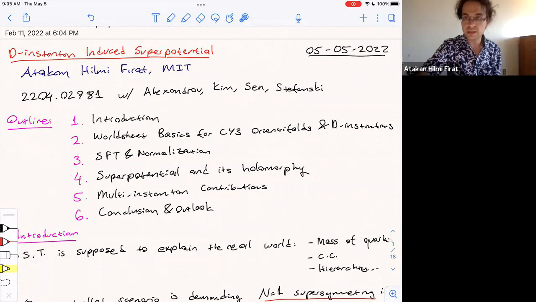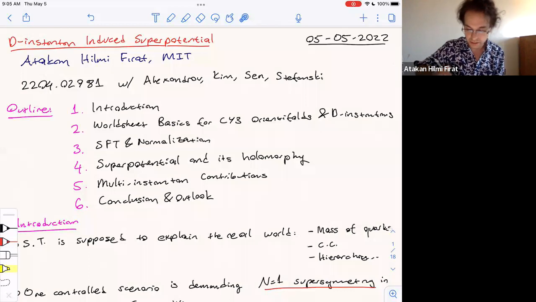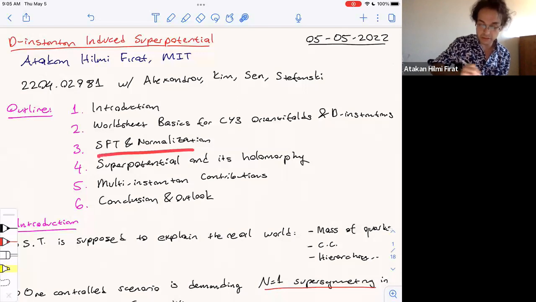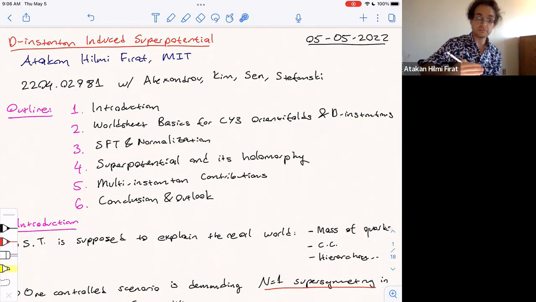So here's my outline. First I'm going to do a basic introduction, and then I will talk about the worldsheet basics for the setup we use, and our conventions for the D-instanton. Then I'm going to talk about how we use string field theory: we start with an expression that makes sense from the worldsheet perspective, then make sense of that expression where the worldsheet doesn't make sense, and how string field theory resolves that ambiguity.